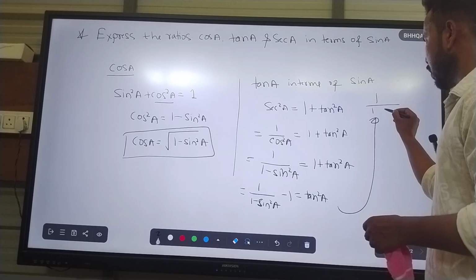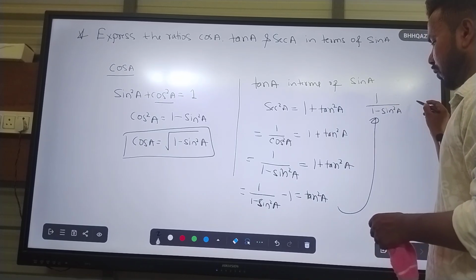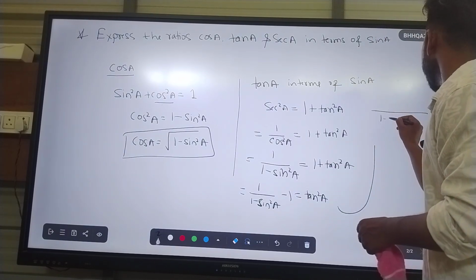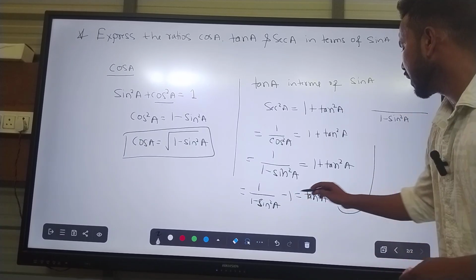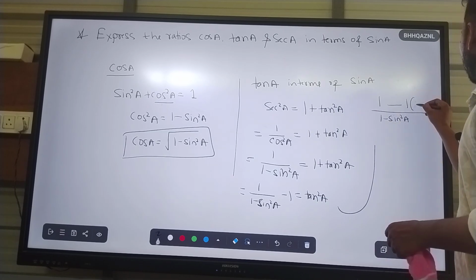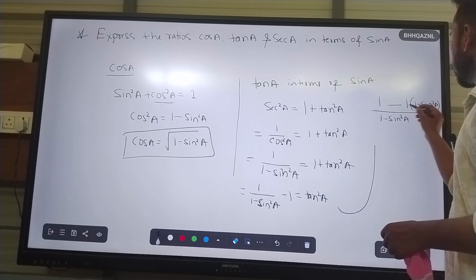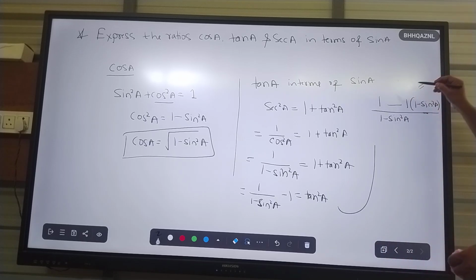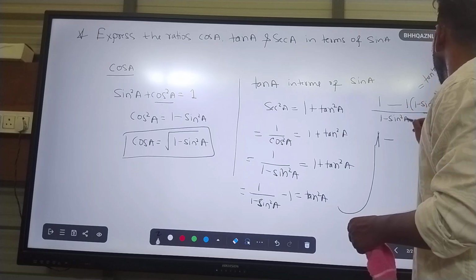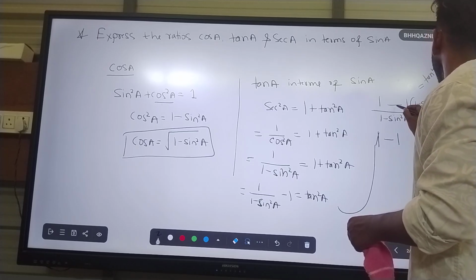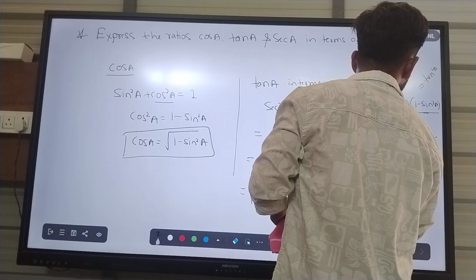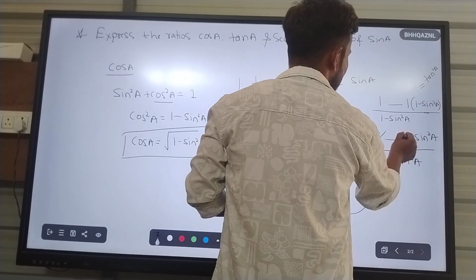Taking the LCM, 1 minus sin square A: 1 minus 1 minus into minus plus sin square A, divided by 1 minus sin square A, is equal to tan square A. The 1 minus 1 gets cancelled.